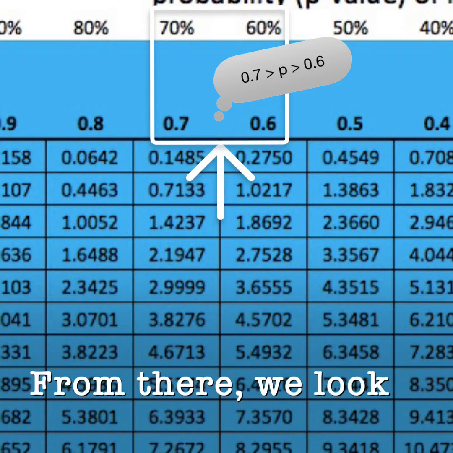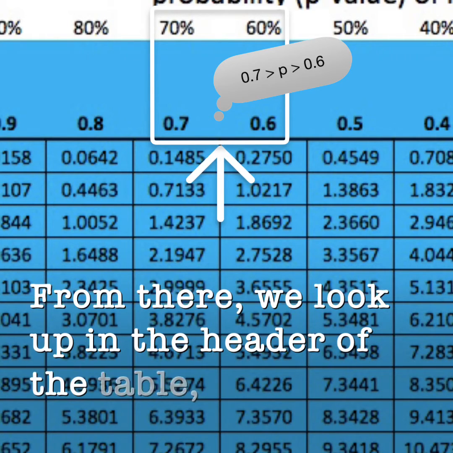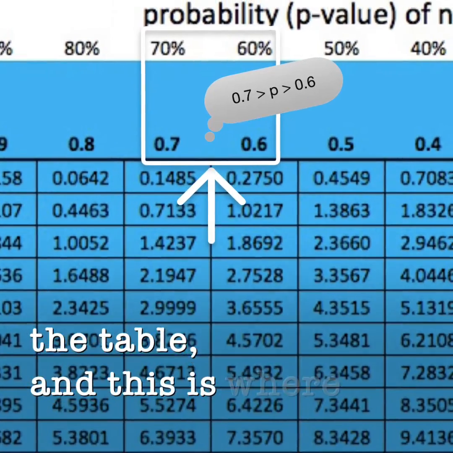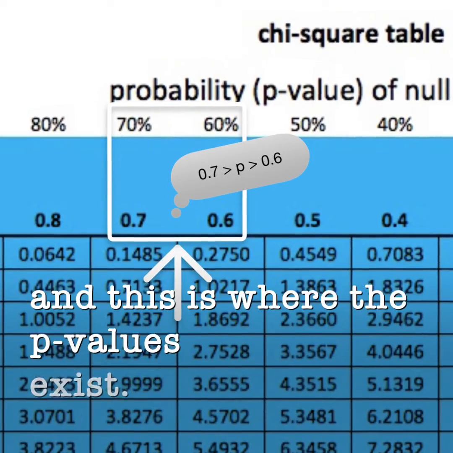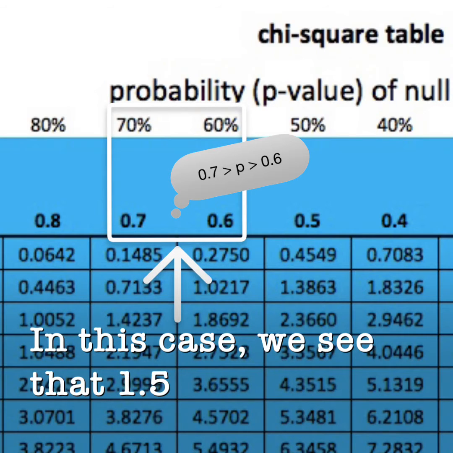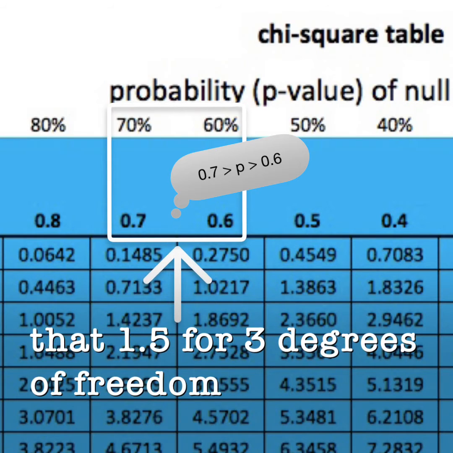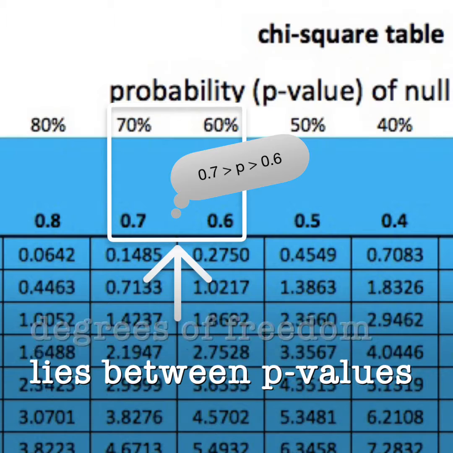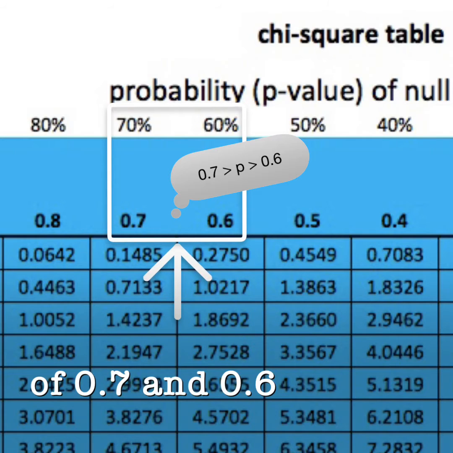From there, we look up in the header of the table, and this is where the p-values exist. In this case, we see that 1.5 for 3 degrees of freedom lies between p-values of 0.7 and 0.6.